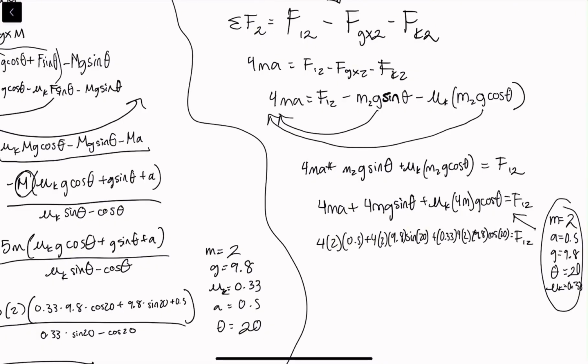So we get .126, which is also equal to the magnitude of the contact force from block 2 onto block 1.